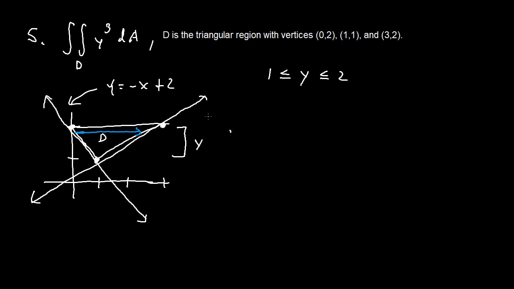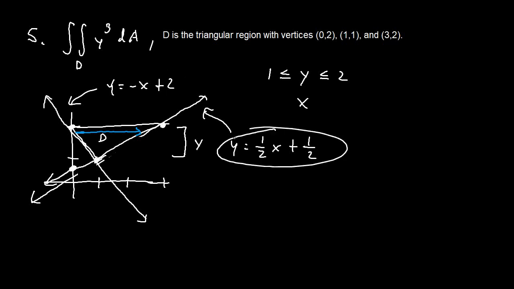And for this other equation, well, the slope goes up 1 and over 2, so it's definitely going to be 1/2 x, so y equals 1/2 x, and the y-intercept, I should have drawn this a little bit more properly here, but it intersects the y-axis at the value of 1/2. So I apologize for the drawing, but the y-intercept is 1/2. So now that we know the x bounds range from y equals negative x plus 2 all the way to y equals 1/2 x plus 1/2.